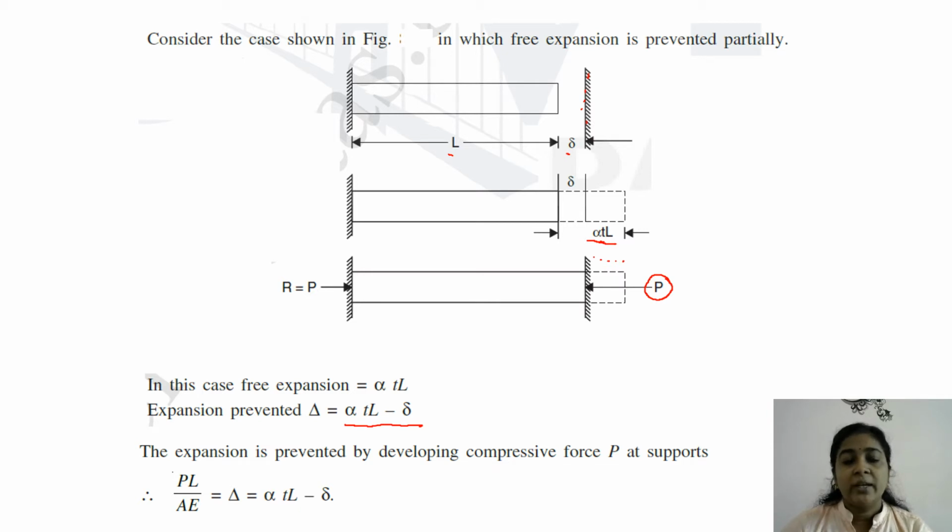So we can write PL by AE is equal to delta, which is alpha TL minus delta. From this we can obtain the expression for the temperature stress, given by P by A, that is E by L into alpha TL minus delta. That gives the magnitude of the temperature stress when the free expansion is prevented partially.